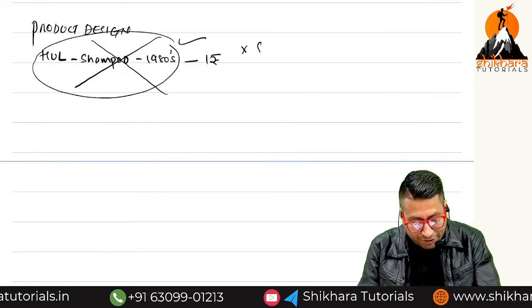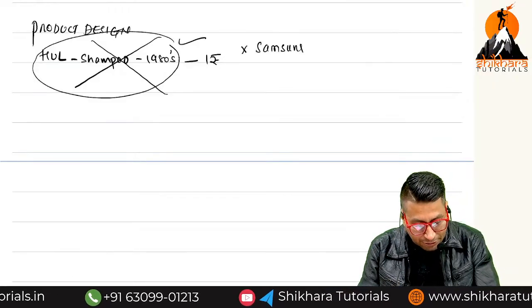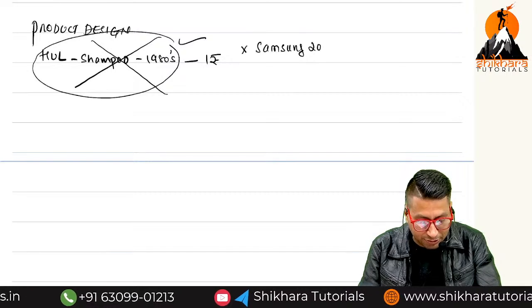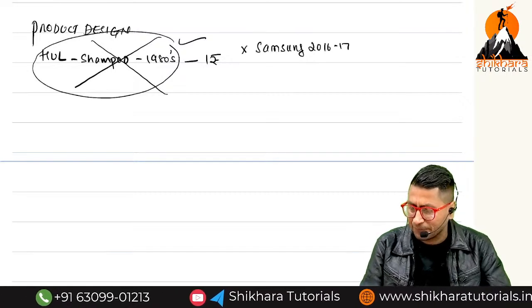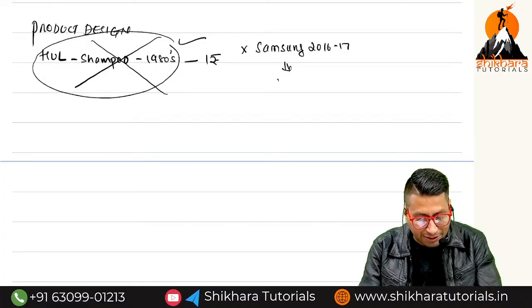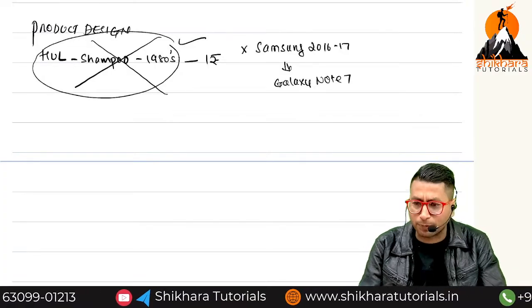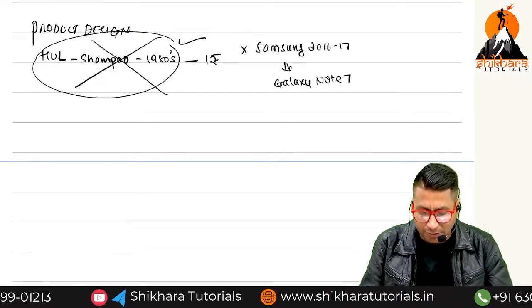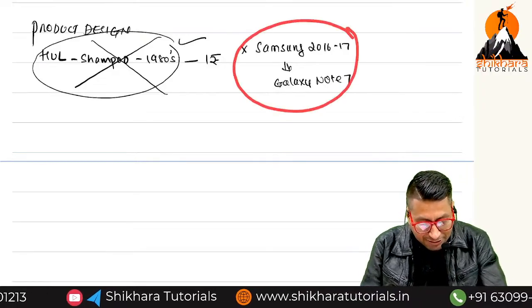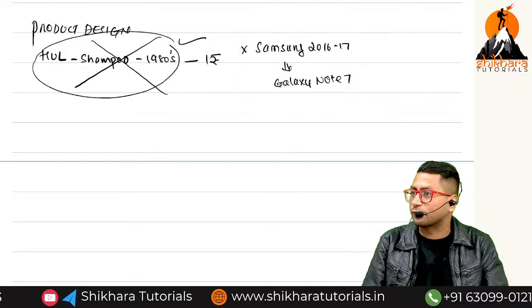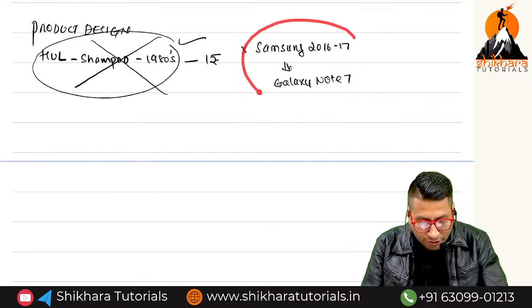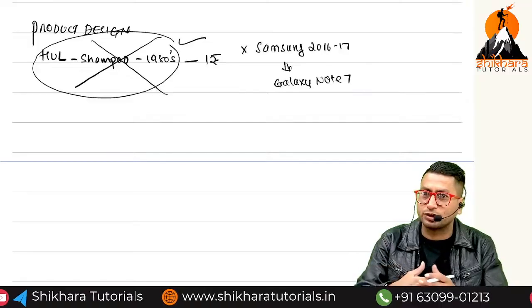Same thing happened with Samsung in 2016-17. They launched one phone called Galaxy Note 7, a very popular series, which is now discontinued. Once launched, this mobile phone was a huge success.